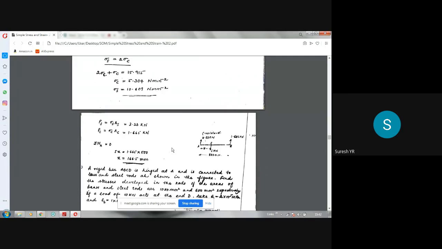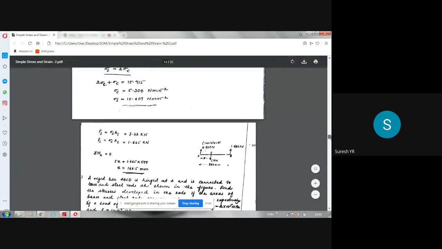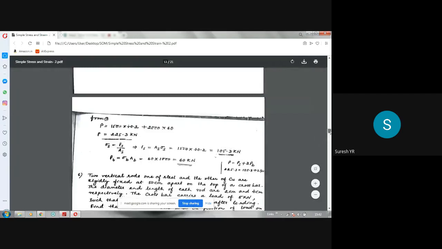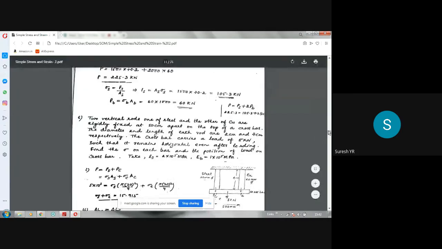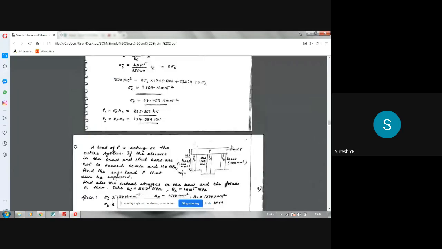So this is how we have to do this problem. All these are important. In this problem, the difference is that we are applying a load or force at some other point. See the difference between these problems. Here, load is applied on all the three bars and is shared by all three.